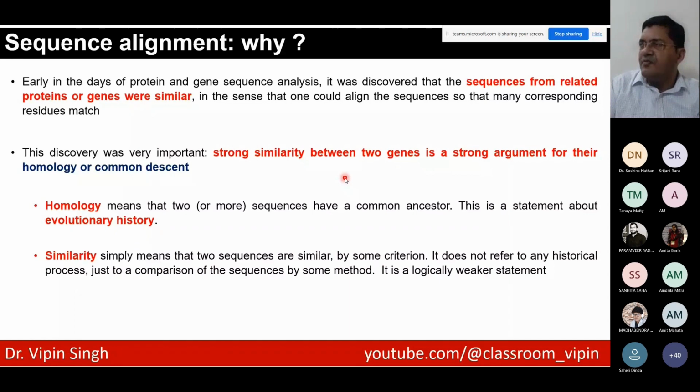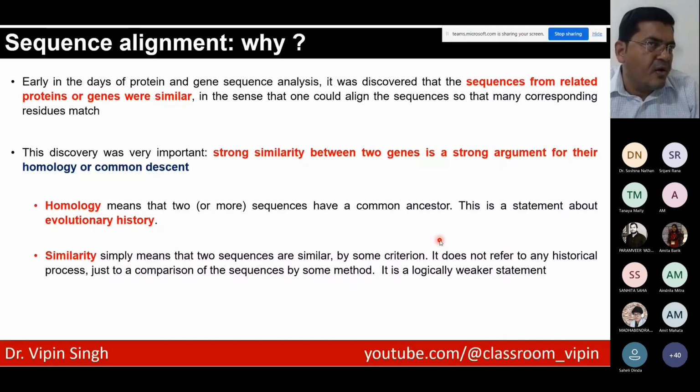They are closer to each other with respect to a certain metric. So similarity simply means that two sequences are similar by some criterion. It does not refer to any historical process, just a comparison of sequences by some method. It is logically a weaker statement. When you say the sequences are similar, it is not a very biologically significant statement.